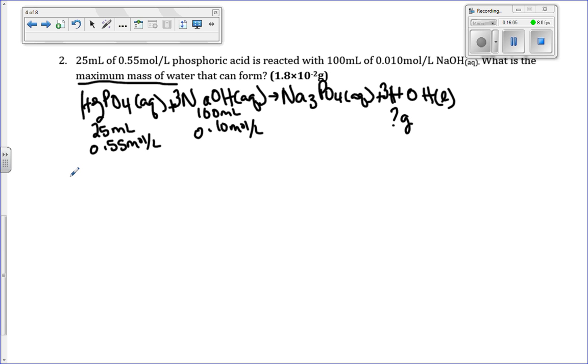So next step is to calculate out the number of moles for each reactant. I'm going to take the molar concentration and multiply it by volume to get the number of moles for phosphoric acid.